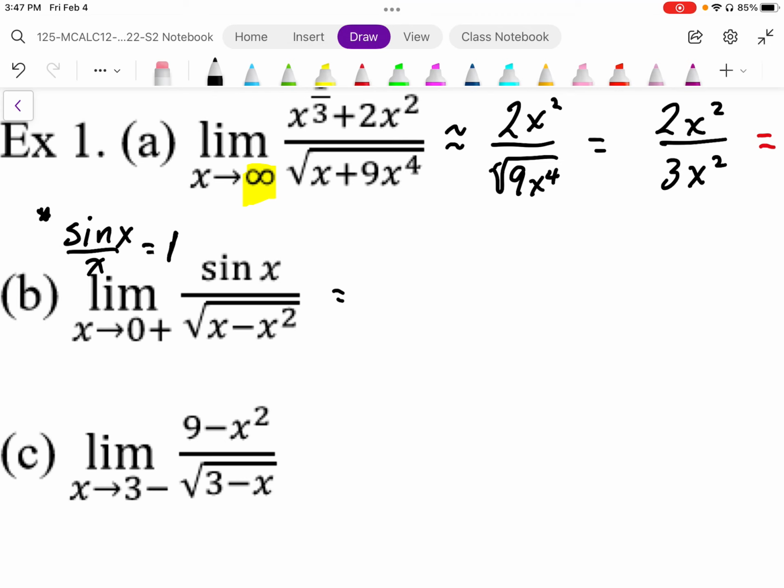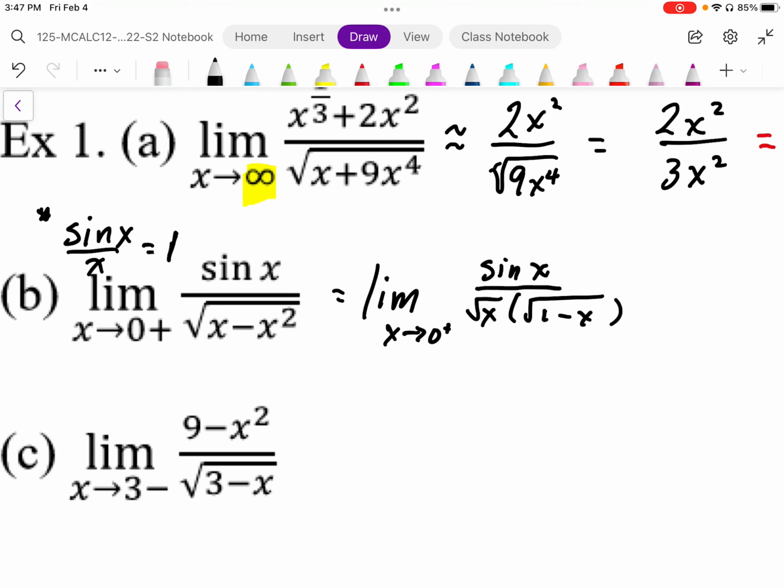So I want to use that identity. First, I'm going to factor my square root x out of the denominator, and I'm going to end up with square root 1 minus x.